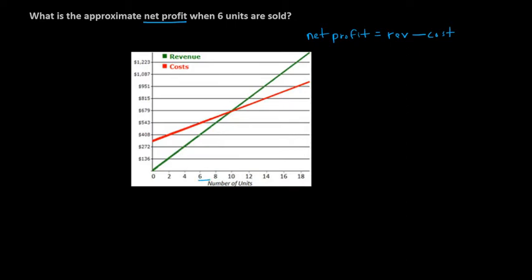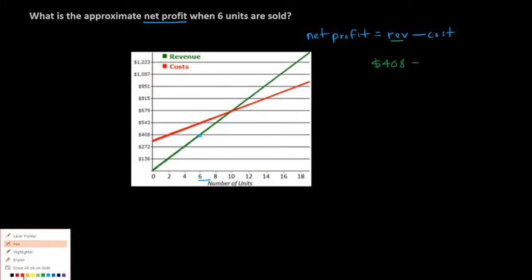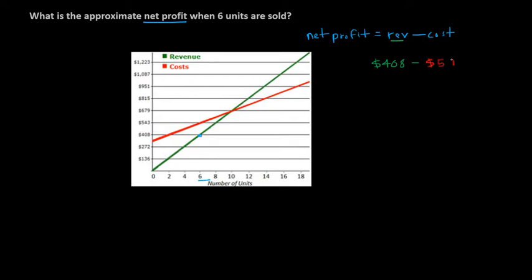We've already identified that our revenue is 408. And we're going to subtract off our costs, which we identified as 543 in our last example.